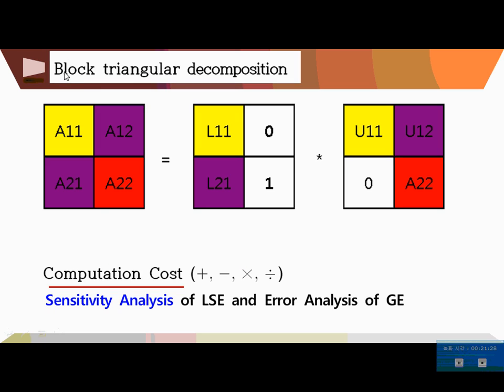And the next step is block triangular decomposition. Like this, the block matrix can be split as a block lower triangular matrix and a block upper triangular matrix. After that, what we need to study is the computation cost of this kind of matrix factorization, and also sensitivity analysis of the linear system of equations and error analysis of Gaussian elimination.